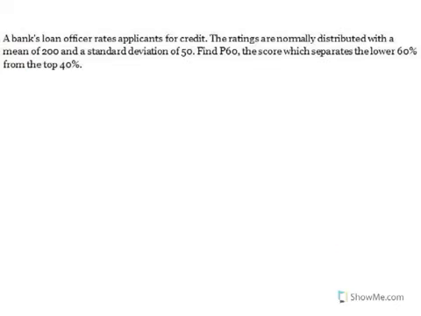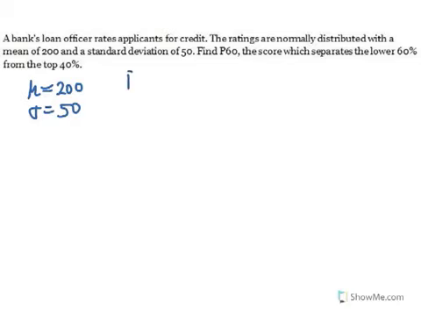Let's move on now and ask a real-life problem. A bank's loan officer rates applicants for credit. The ratings are normally distributed with a mean of 200, and the standard deviation is 50. It's a good habit that you write these down every time you have a problem like this.